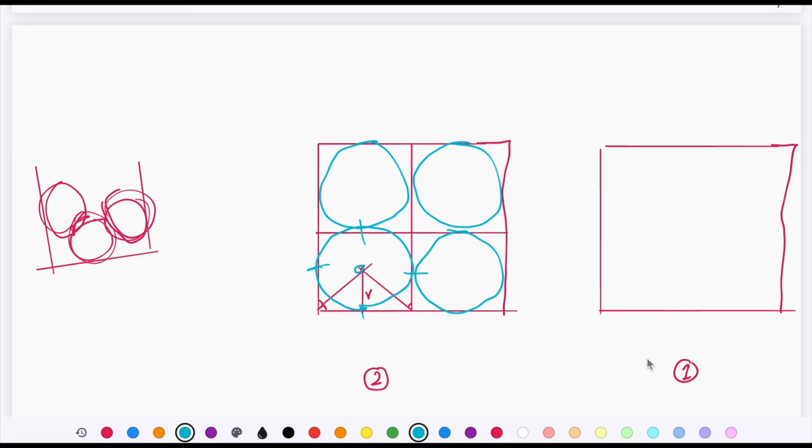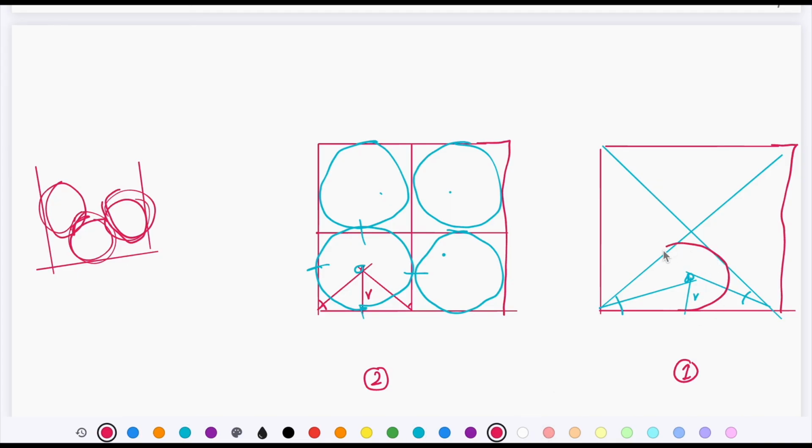Next, when a circle is to be in contact with two adjacent circles but touching only one of the sides of the square, in that case draw or connect those two opposite corners with each other. You will get 4 triangles instead of squares, and in this triangle draw angle bisectors, find the intersection point, draw a perpendicular, that is going to be the radius, and then draw a circle.